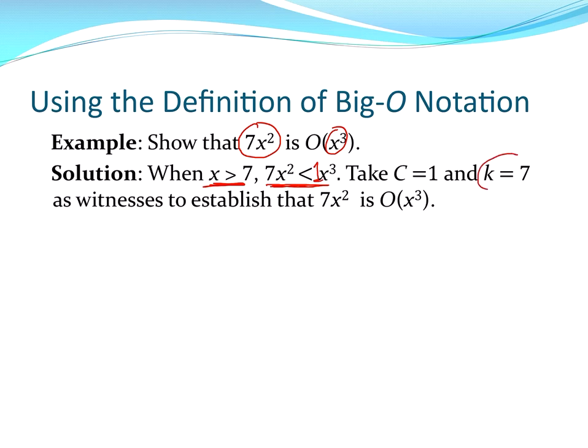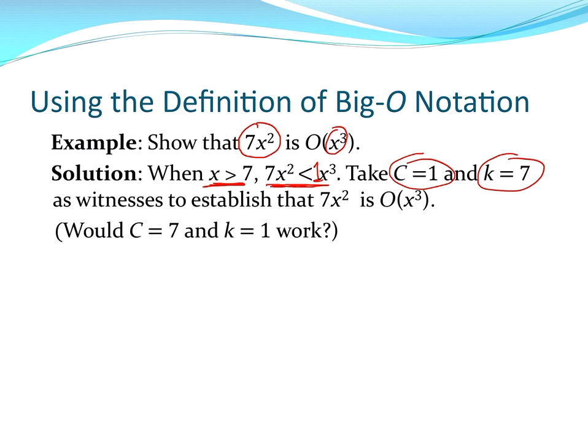So when k is equal to 7, then c is equal to 1. And we've shown that 7x squared is big O of x cubed. And I will let you determine if c equal 7 and k equal 1 work. So you'll fix k to be 1 and then show whether c equals 7 is a witness.